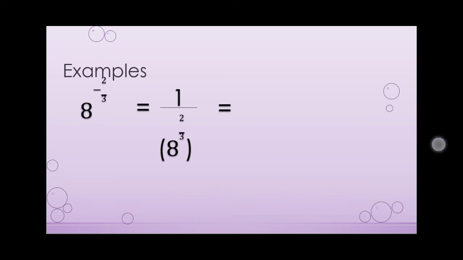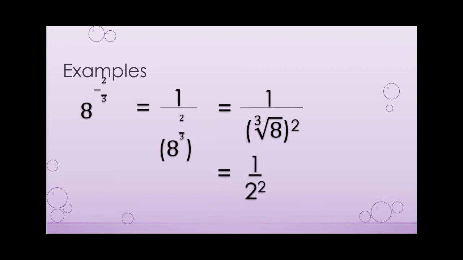So we have now 1 over cube root of 8, and this is raised to the second power. So what is the cube root of 8? It is what? It is 2. Then raise 2 to 2, then the answer is 1 over 4.